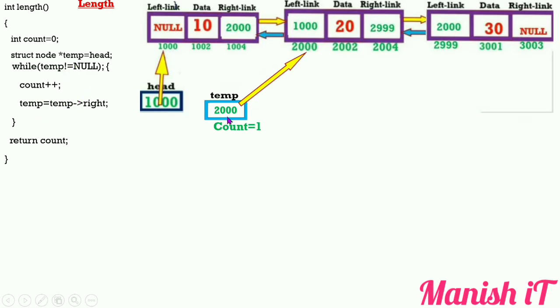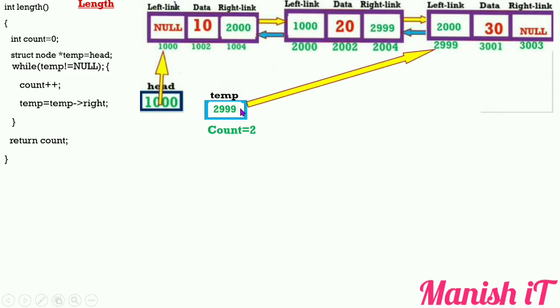Now temp is 2000, not equal to null, so the condition is satisfied, we enter the while loop, and count is incremented by 1. Now count becomes 2, and once again temp equals temp to right. Temp to right here is 2999. After storing 2999, it stops pointing here and starts pointing to here.